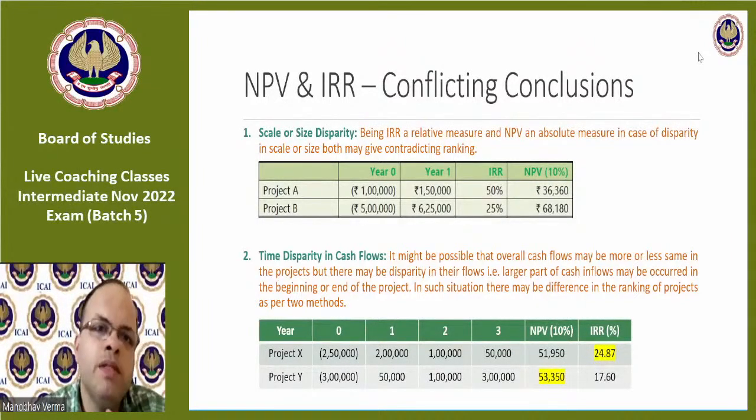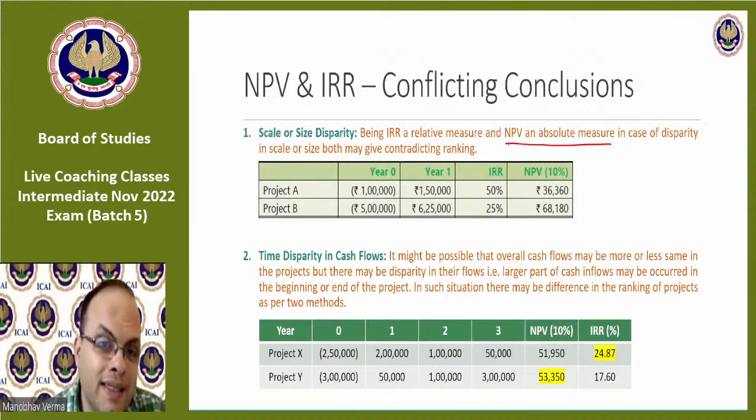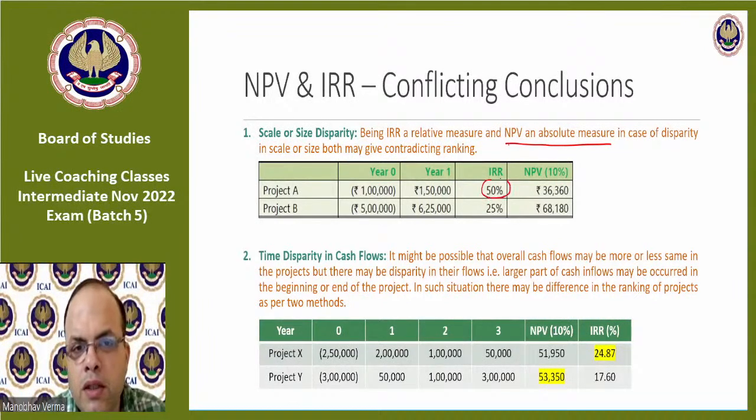So let's take some examples here. The first point where these two methods can contradict each other is projects involving different scale or different size. We know that IRR is a relative measure and NPV is an absolute measure. You can see it in this example, project A and project B. Project A is just 20% in size as far as outflow is concerned, and the IRR for this project is 50%.